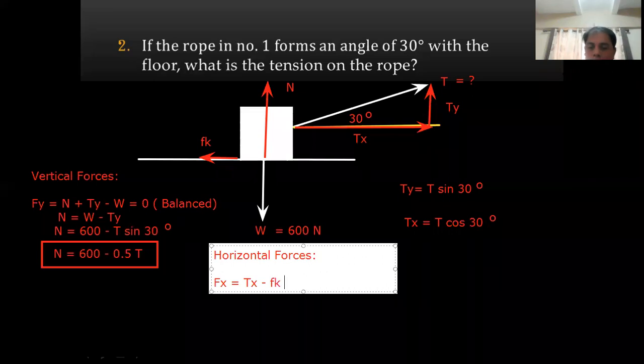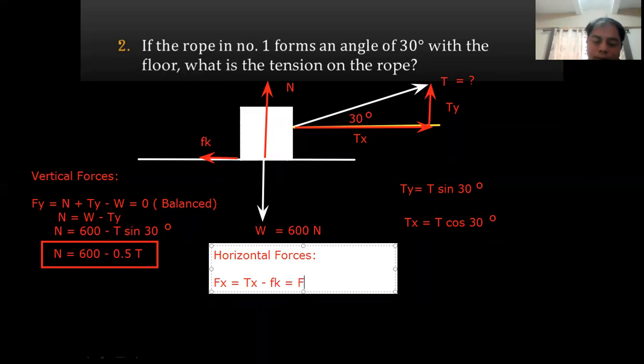We still say that this is sliding, so there might be a net force. But since the acceleration is zero because it is moving with constant velocity, the total is simply equal to zero. It is the same case, a balanced state.